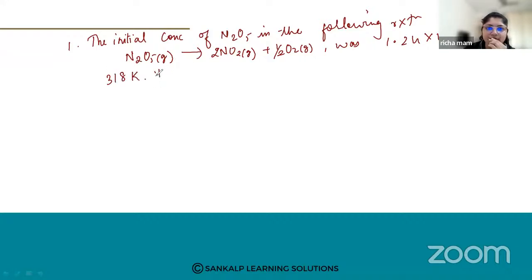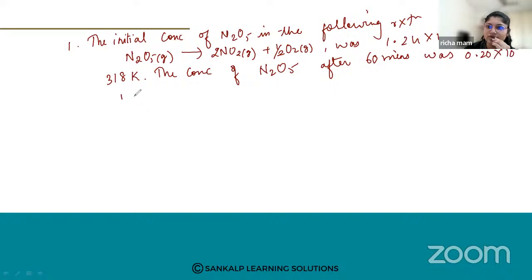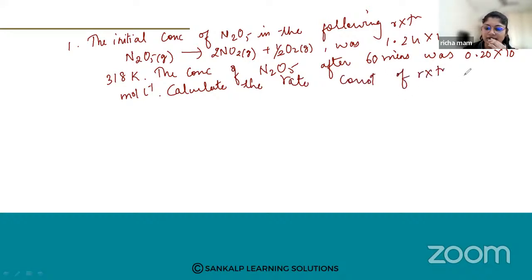The concentration of N2O5 after 60 minutes was 0.20 into 10 raised to minus 2 mole per liter. So calculate the rate constant of reaction at 318 Kelvin.